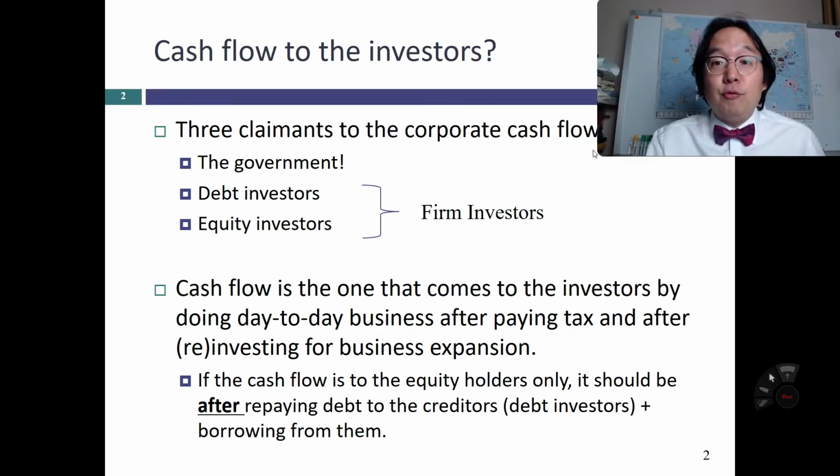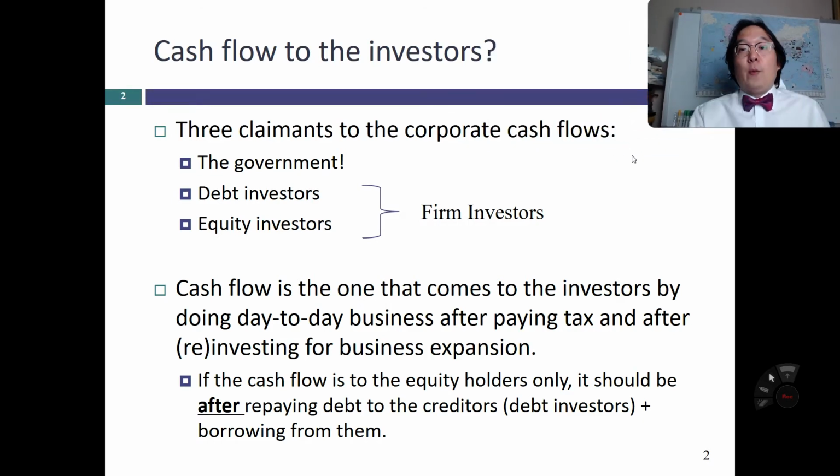Cash flow to the investors, well, cash flows to the company. How many claimants do you have? Three different claimants, claim holders. The first and most important claim holder for your company's cash flow is the government, right? You don't want to upset your government.